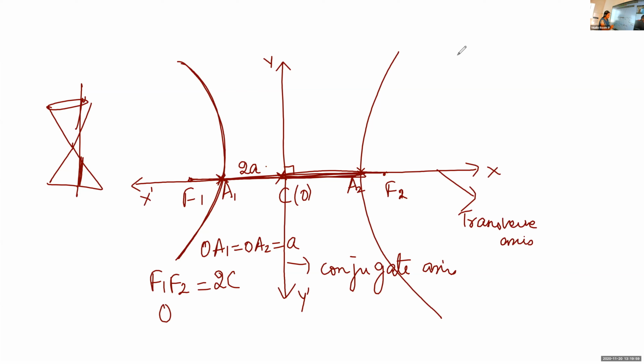Therefore OF1 is the same as OF2, equal to c, the focal distance, the distance of the focus from the center. If F1, F2 is 2c and O is the midpoint, then OF2 is c. So OF1 equals OF2 equals c.